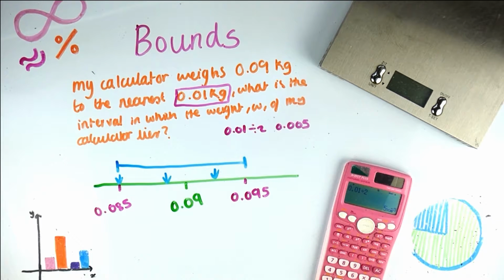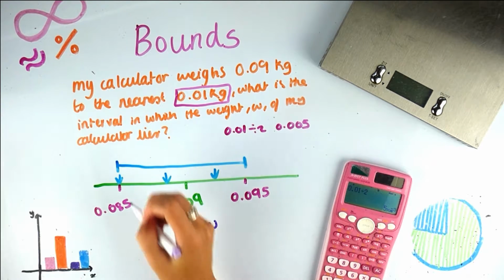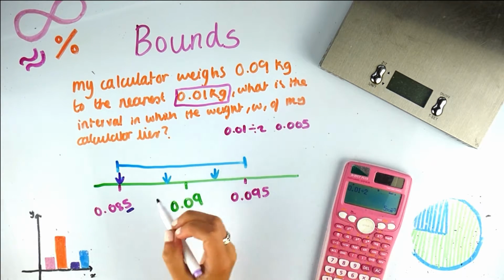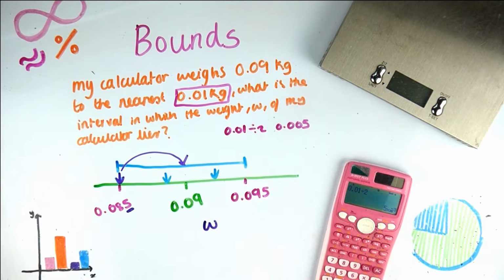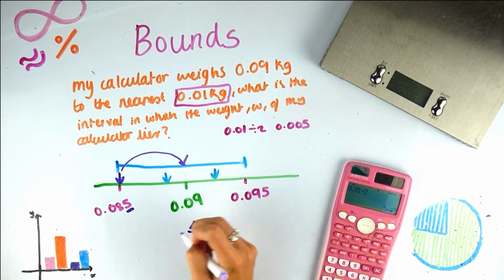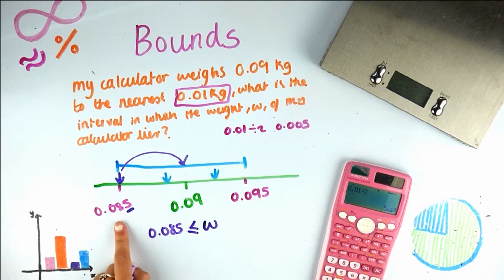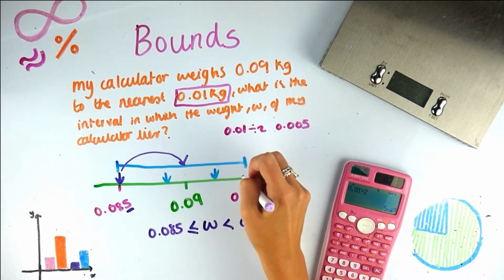So let's mathematically define this region. So W lies in the interval, so it can take this value here, 0.085, because we know if it has a 5 on the end, it rounds up, so it would round to this one, because that's our next point on the number line with this interval. So it has to be bigger than that value, or equal, because these values round up with the 5 at the end, and it has to be less than this next value along our number line.